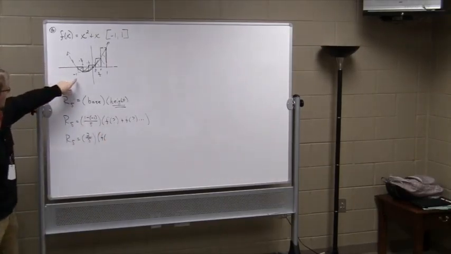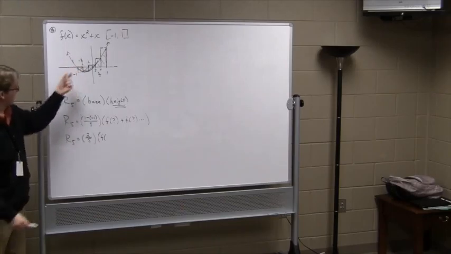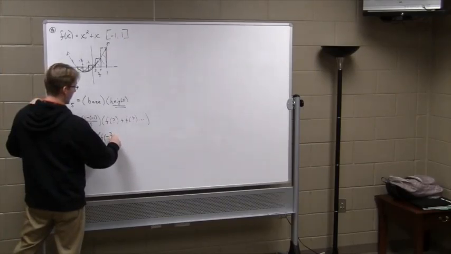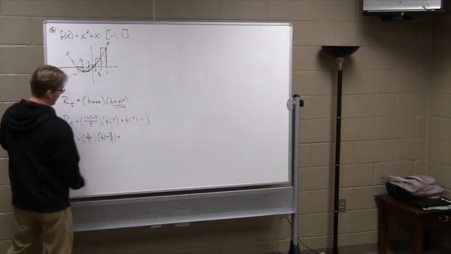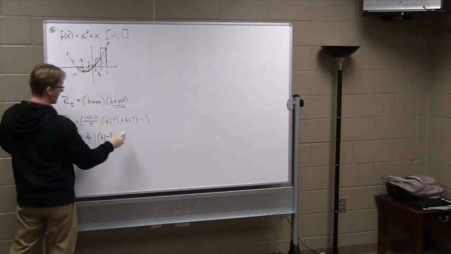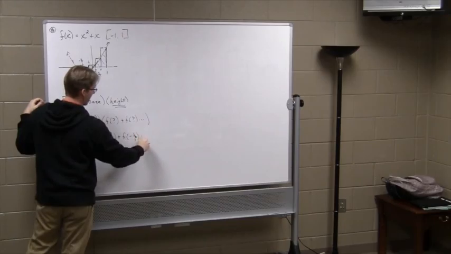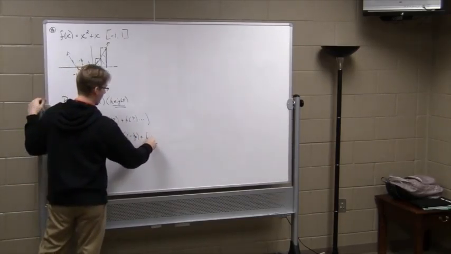F up. First rectangle went from -1 to -3/5. The right side of that is -3/5, so I'm going to plug in -3/5. Second rectangle, -3/5 to -1/5. The right side is -1/5. And so on and so forth.